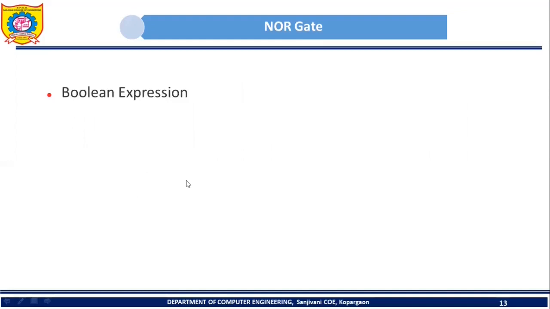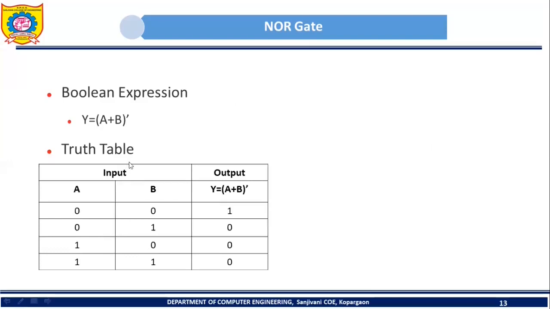Then Boolean expression. Boolean expression of NOR gate is like this: Y is equal to (A plus B) complete prime. Now truth table. This is the truth table for NOR gate which has two inputs. A and B are the inputs and Y is output. Now let's try to understand this truth table. First input combination is 0, 0.